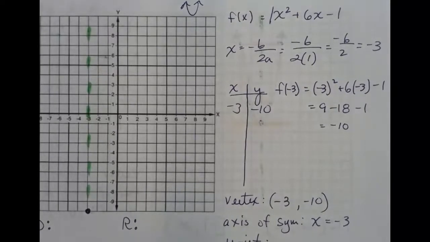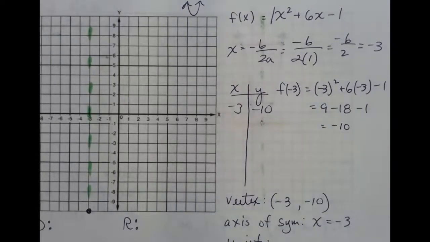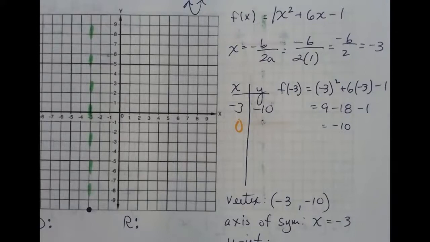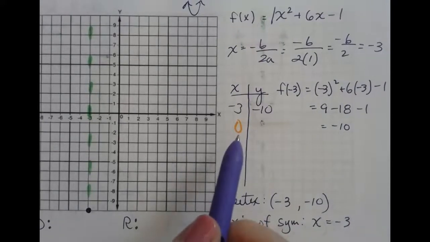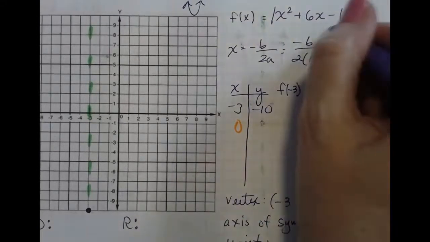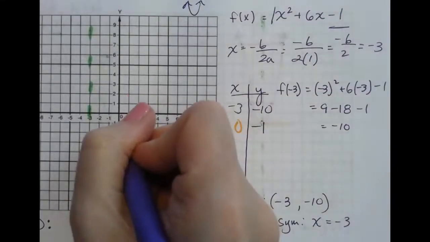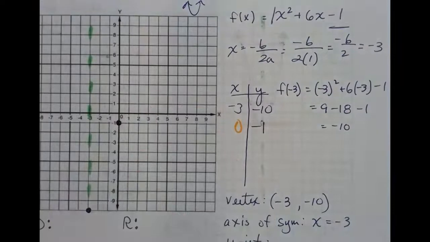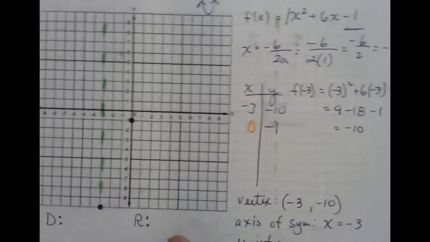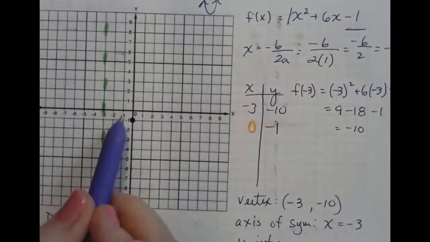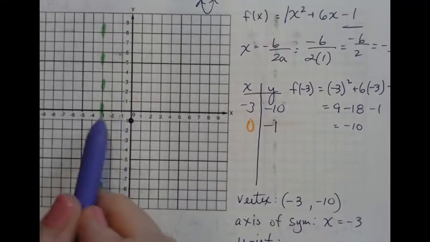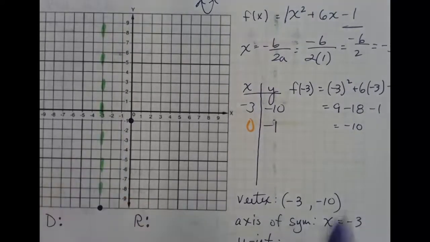Let's keep going. Let's plug in the 0 and get the y-intercept. When x equals 0, y equals -1. It's always the c value: over 0, down 1. Next, another easy number we can plug in is -1 because we want to choose numbers close to that axis of symmetry.